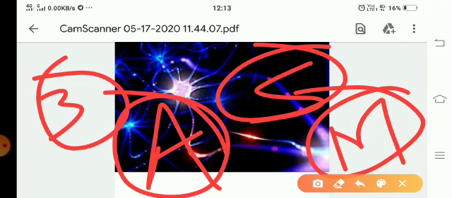Motor nerves carry messages from the brain to the muscles and glands. Association nerves connect sensory nerves and motor nerves and pass messages between them.